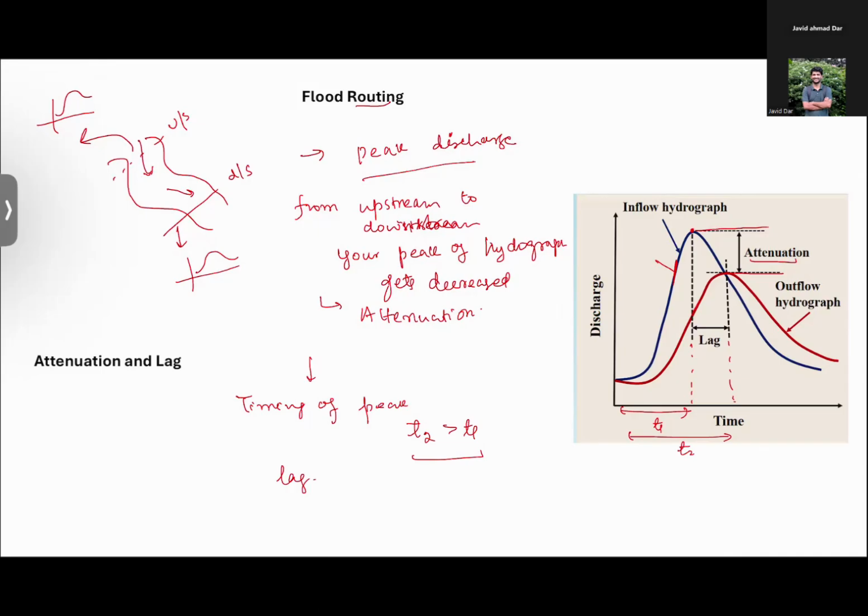So for any inflow hydrograph, when you route it to the downstream section, two things happen. One is that your peak decreases, which is called attenuation, and the timing of this peak increases, and the difference in that timing is called lag.